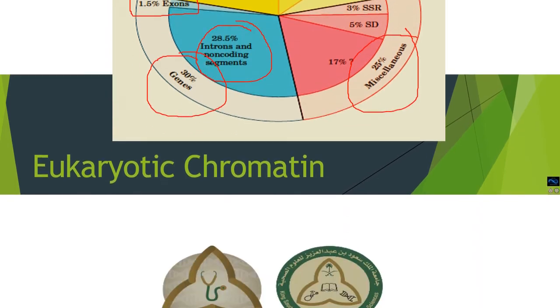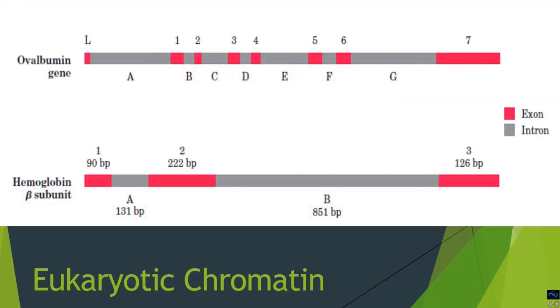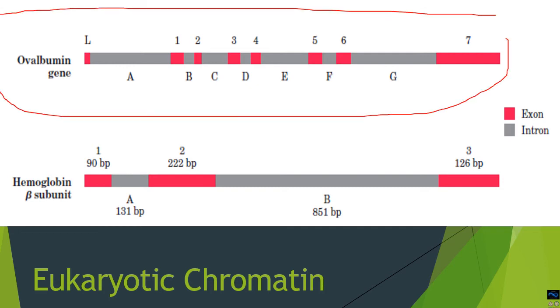But moving on, explaining further the difference between the exons and introns of the gene, in the current diagram there are representations of two genes, the ovalbumin gene and the hemoglobin beta subunit gene. Let's take an example of this ovalbumin gene. You will see in this ovalbumin gene there are interspersed elements.